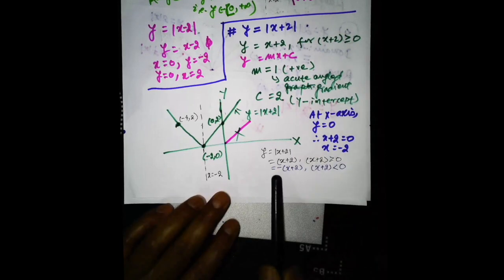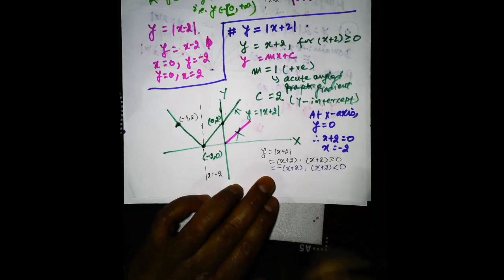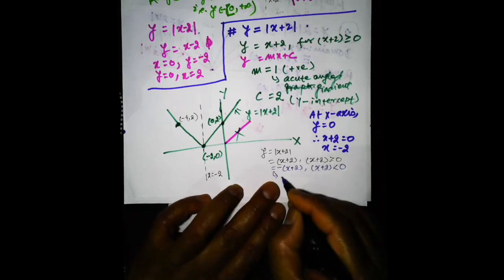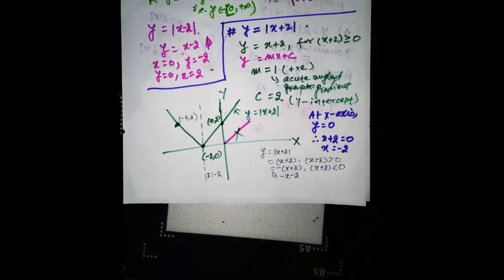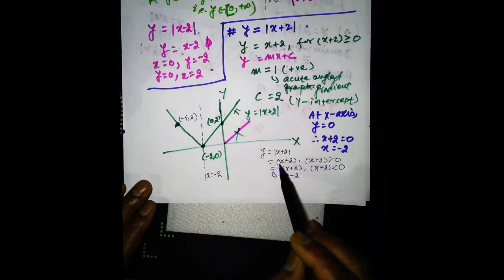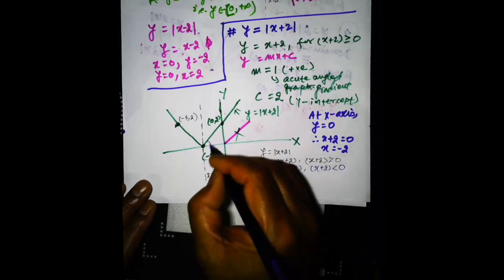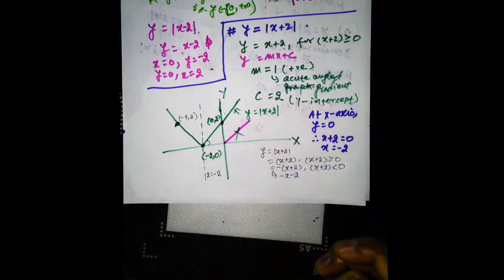So what happens to this equation? If I take one step more, I can see here this is minus x minus 2. In the first case, the gradient makes an acute angle with the x-axis.